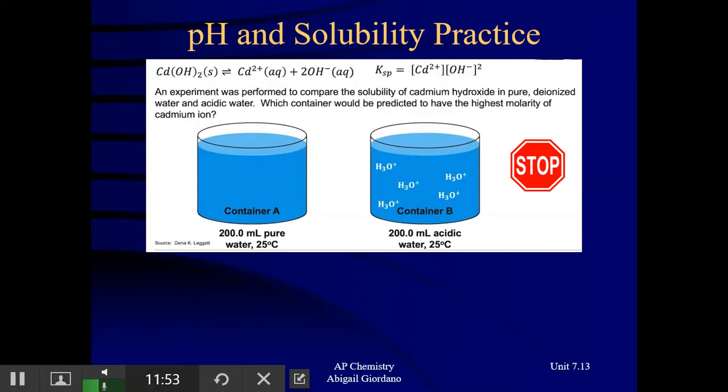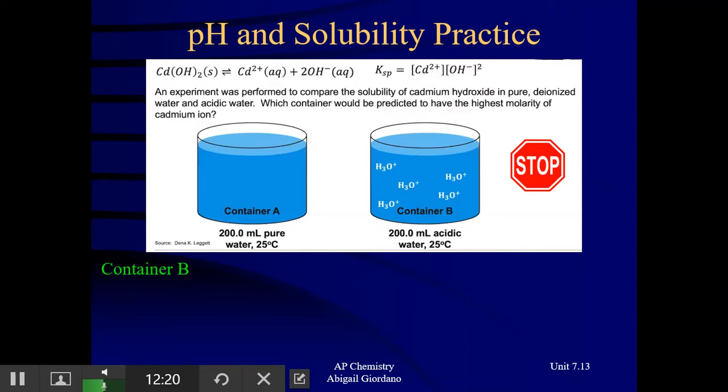That's going to essentially be removing OH- from this situation. And think about what kind of a shift that is going to cause. It's going to cause a shift in the forward direction. So let's talk it out here. Which container would be predicted to have the highest molarity? That's going to be container B.